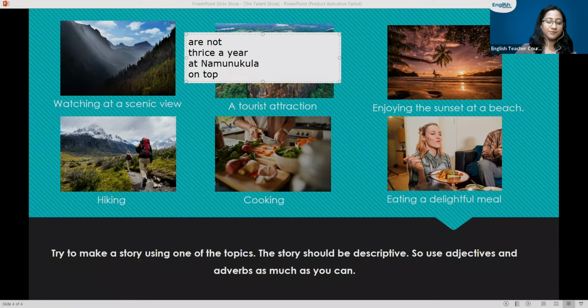Okay, on top of the mountain. In the first or second sentence, you said something not, and it should be are not. 3 times a year can be rephrased as twice a year. And on Namunukula or to Namunukula should become at Namunukula, or to Namunukula also can be taken in some situations.